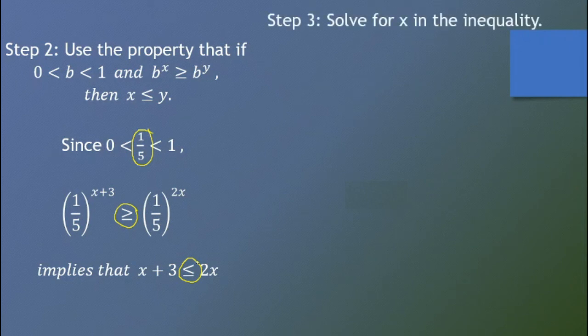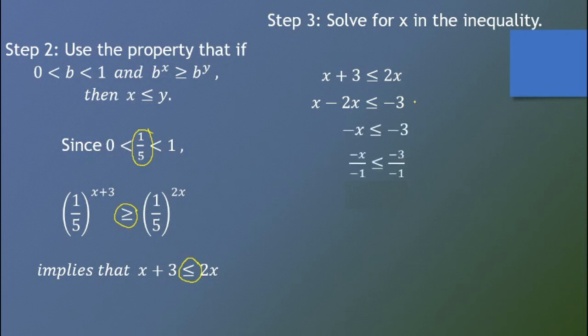Next, solve for x in the inequality. So, x plus 3 is less than or equal to 2x. So, lipat yung 2x sa left side, and then yung 3 sa right side. So, I have this one. And then, negative x is less than or equal to negative 3. So, we need to divide both sides by negative 1 para mawala si negative dito.